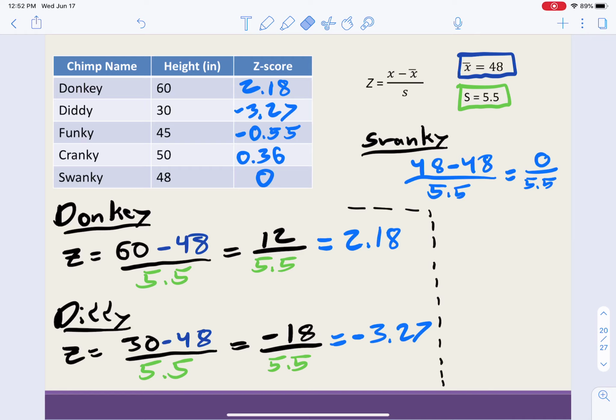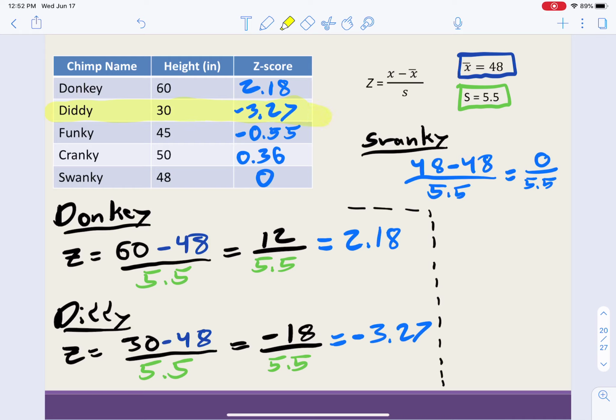Which one of these chimpanzees here is considered an outlier based on that criteria of being either larger than 3 or less than -3? Well, Donkey Kong here is 2.18 standard deviations above the mean. Diddy here is less than -3, right? So he is considered an outlier.